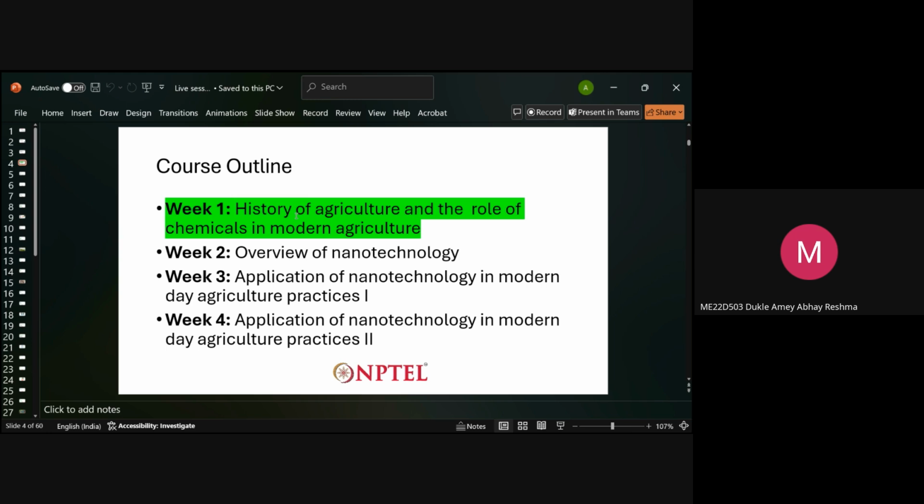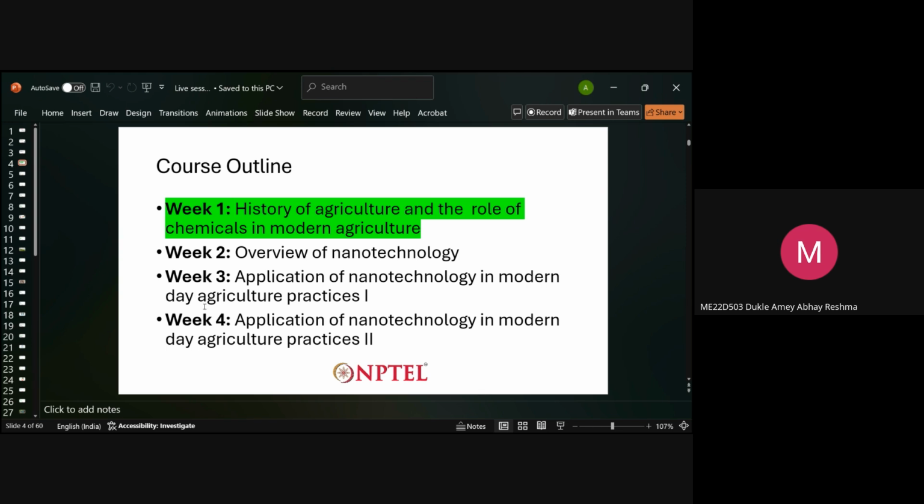You will have more actual coursework-related material from the next week. So from the next session, you can expect something more relevant to the course. This week is just the basic introduction. The topic is the history of agriculture and the role of chemicals in modern agriculture.